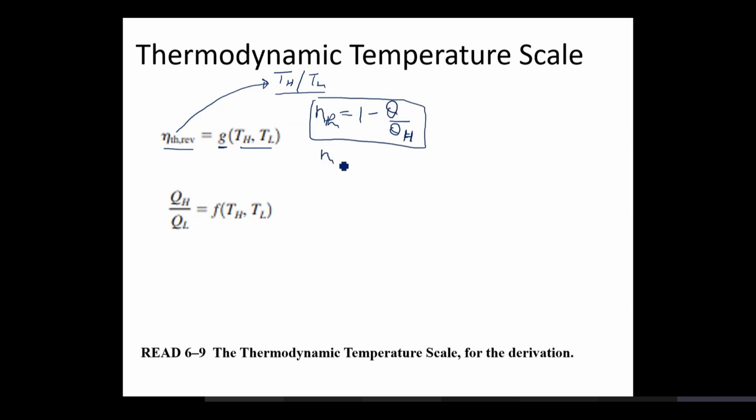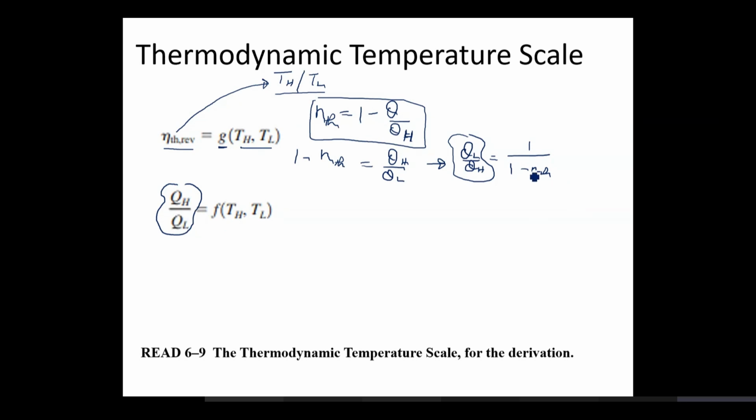Now I can say that 1 minus efficiency is essentially QL over QH, or I could convert it to QH over QL being 1 over 1 minus efficiency. So again, the only thing that is important is QH over QL.